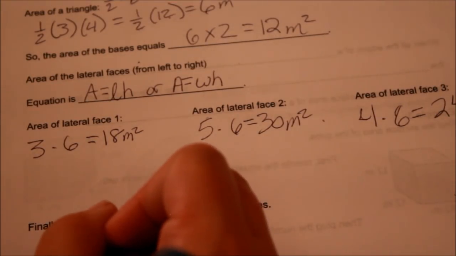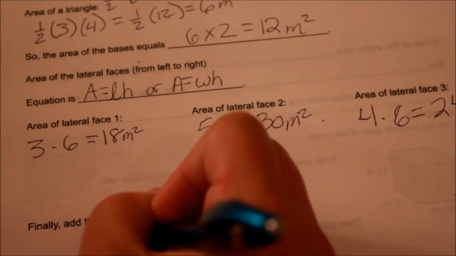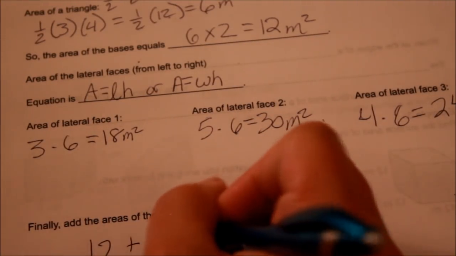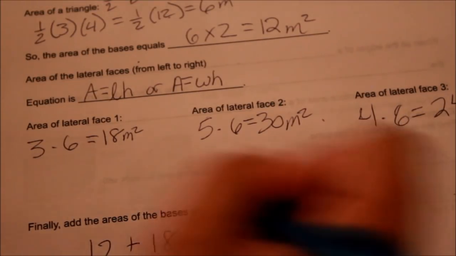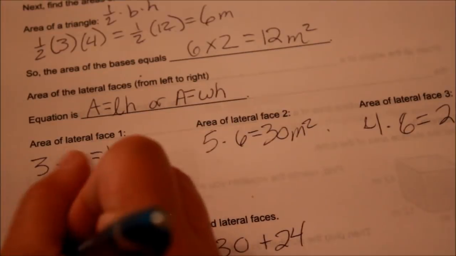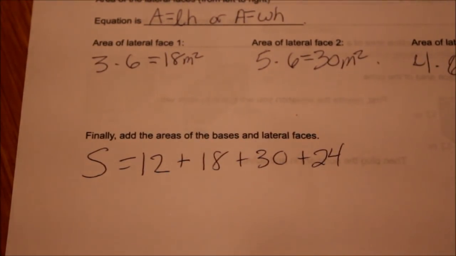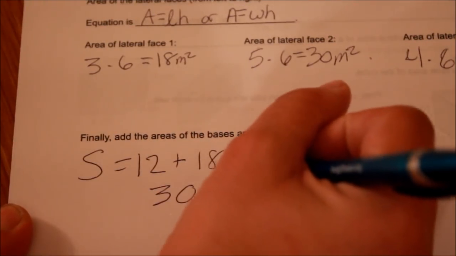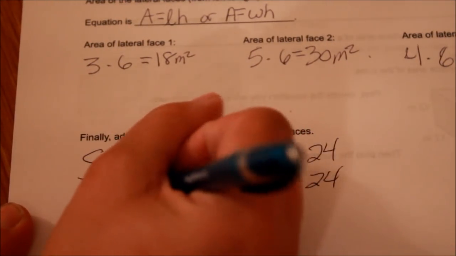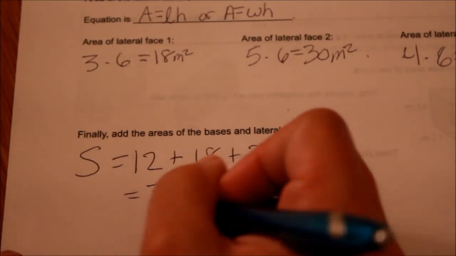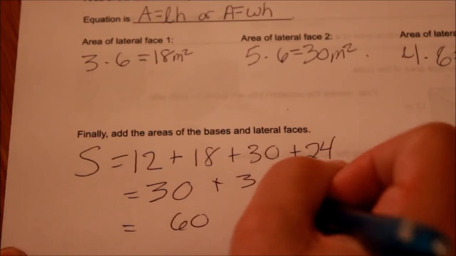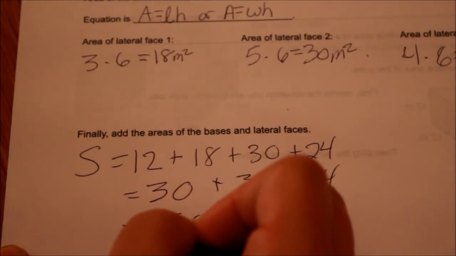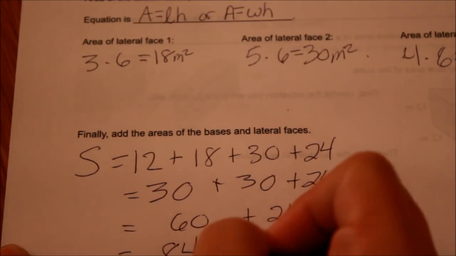So we're going to do 12 plus 18 plus 30 plus 24 equals our surface area, our big S. Now we know that 12 plus 18 is going to give me 30, plus 30 plus 24. 30 plus 30 is 60, plus 24 is going to give me 84 square meters, or meters squared.